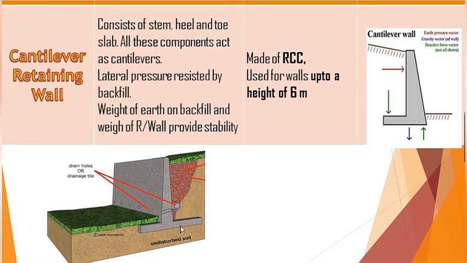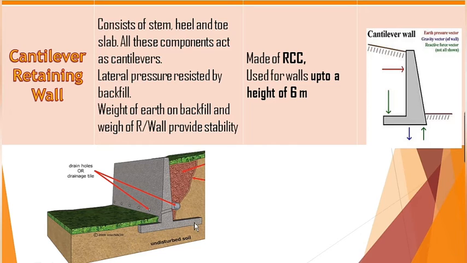This is the stem, this is the toe slab and this is the heel slab. If we visualize these components separately, the stem of the retaining wall is supported at this end and free at this end. So this behaves like a cantilever.